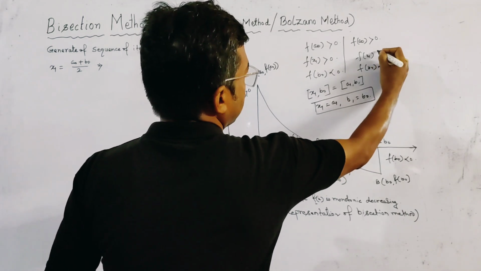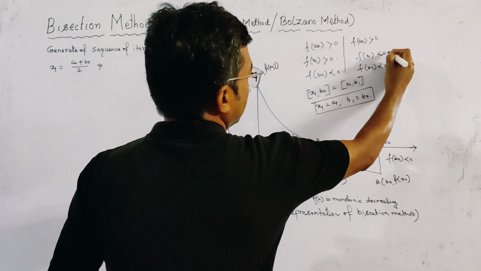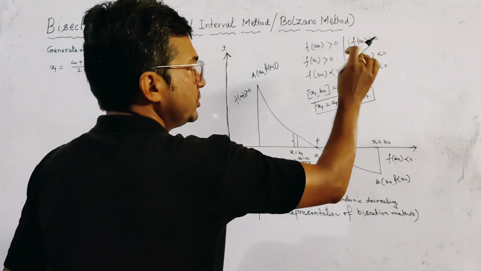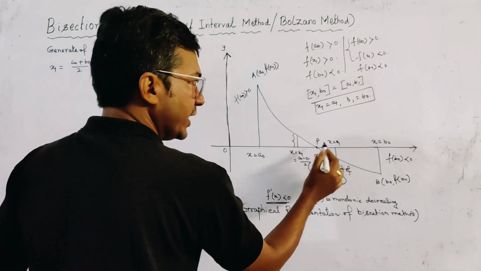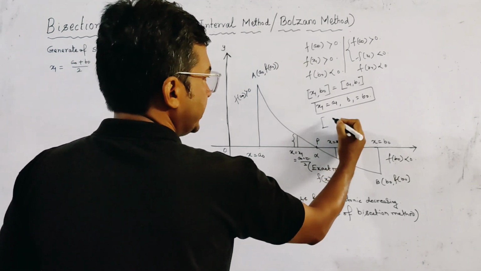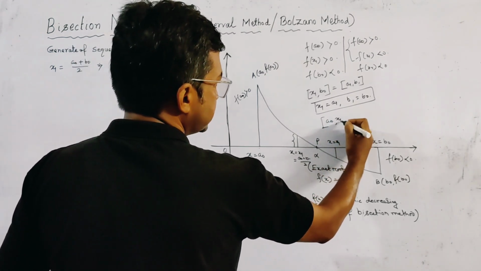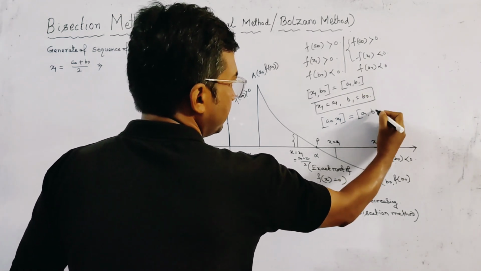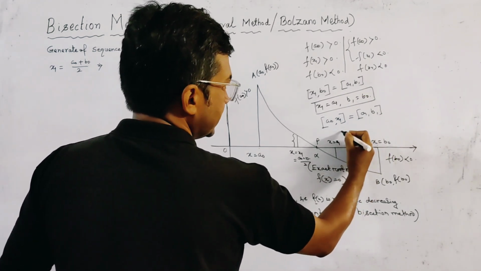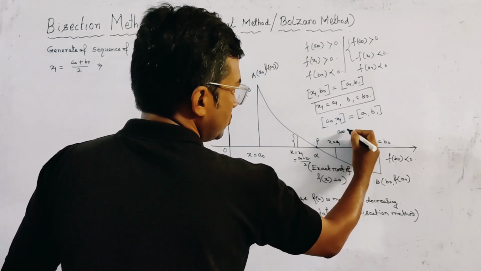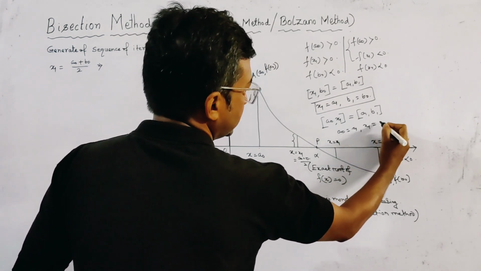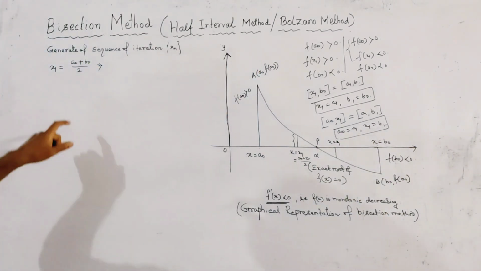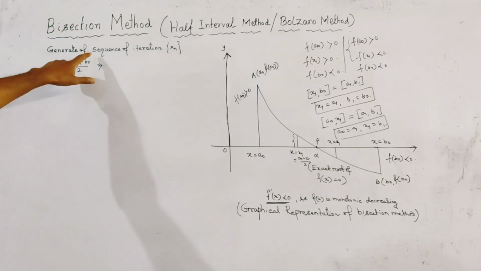In this case it is clear that the real root lies between a0 and x1, and we rename this interval as [a1, b1]. That is, a1 = a0 and b1 = x1. So we get the iteration x1 = (a0 + b0)/2.